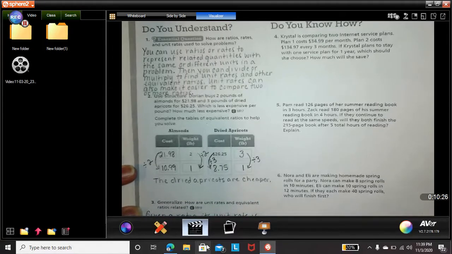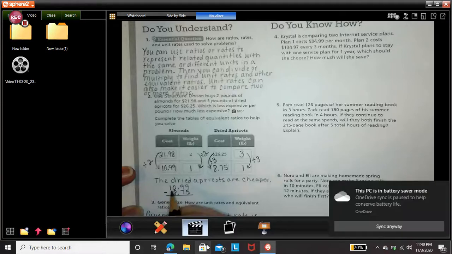And what we would want to do is identify by how much. So we're going to take the two numbers, the cost for 1 pound of each. We're going to subtract them. And we get a difference of $2.24.